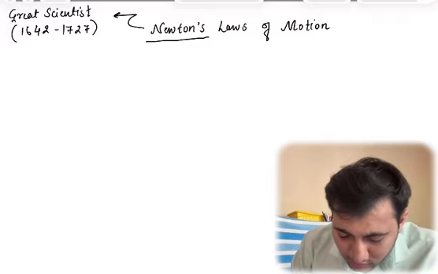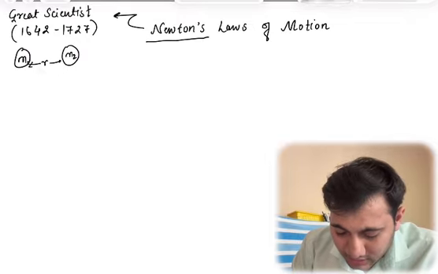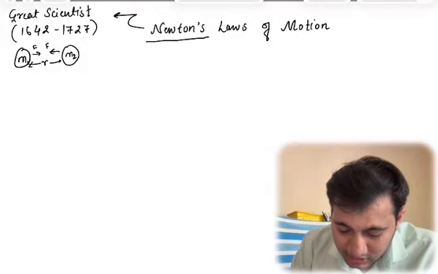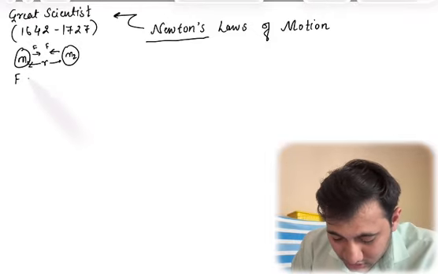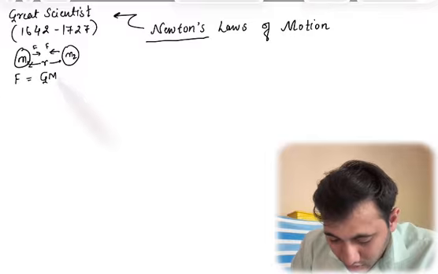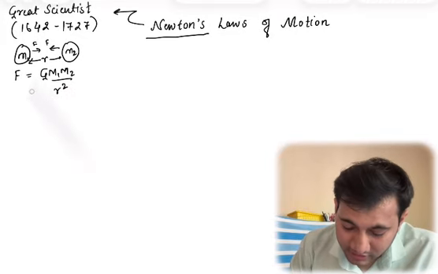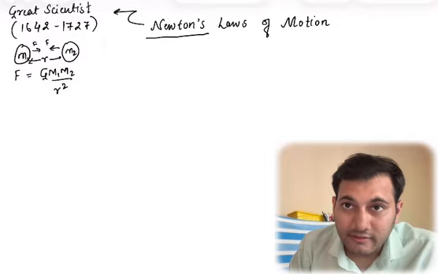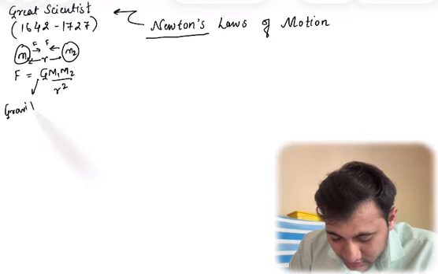So two objects of mass m1 and m2, let's suppose the distance between them is r, then both these objects will exert an attractive force F towards each other, and this attractive force is given by G m1 m2 upon r square, right? Where G is the gravitational constant.